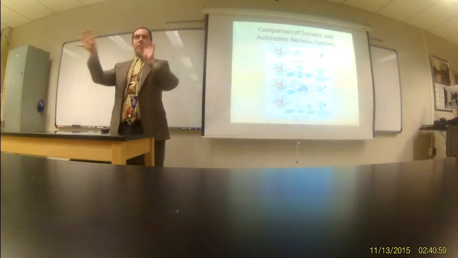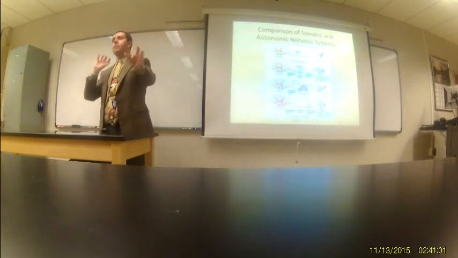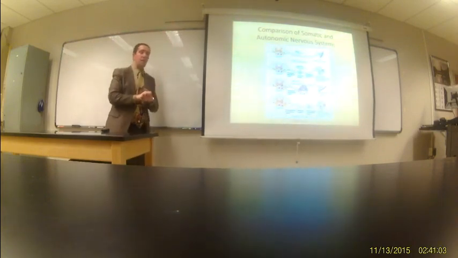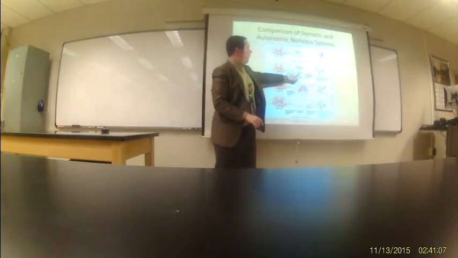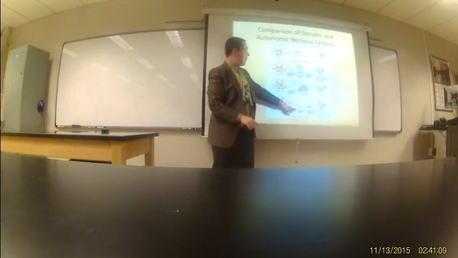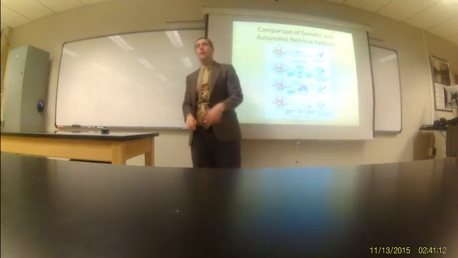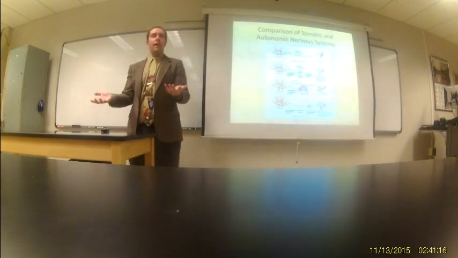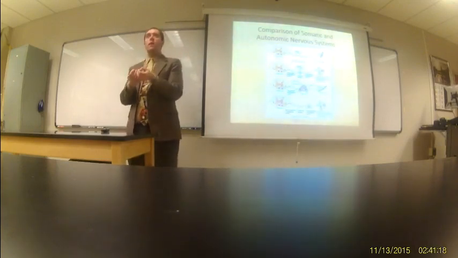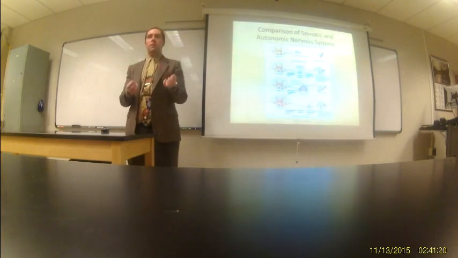So the ganglia in the sympathetic and parasympathetic are in different locations. Make sure you know in the sympathetic and parasympathetic, is the ganglion close to the spinal cord or is it close to the effector? And based off that, you can figure out which neuron is the long one.